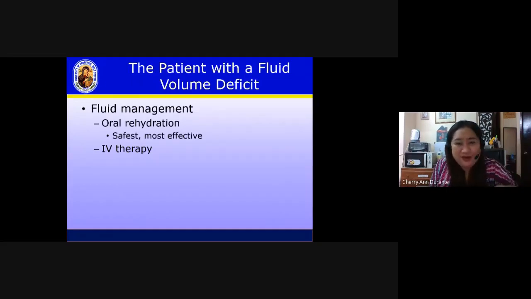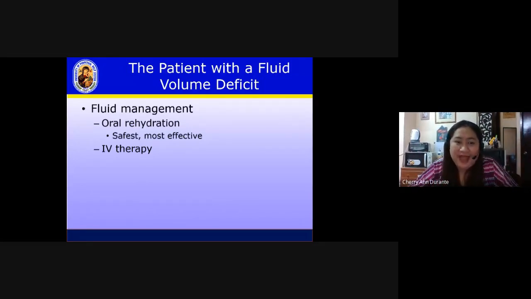It's the safest and most effective way to reverse dehydration. Increase your fluid intake. Okay? And then of course, kapag hindi kaya yung oral, hindi kayang mapalitan yung maraming masyadong nawala sa kanya, you have your IV therapy.